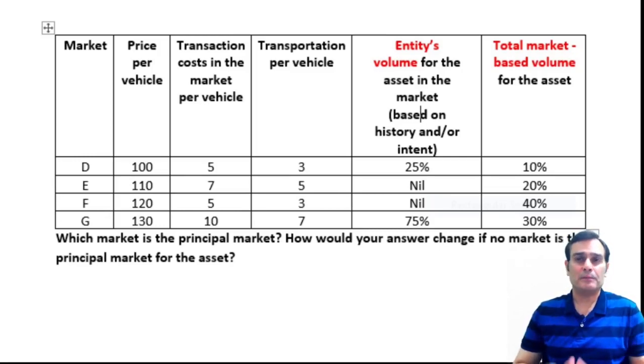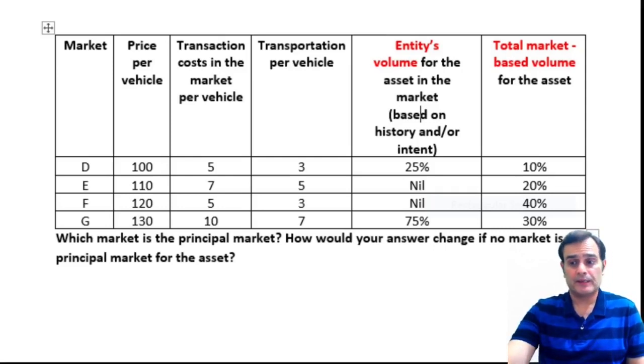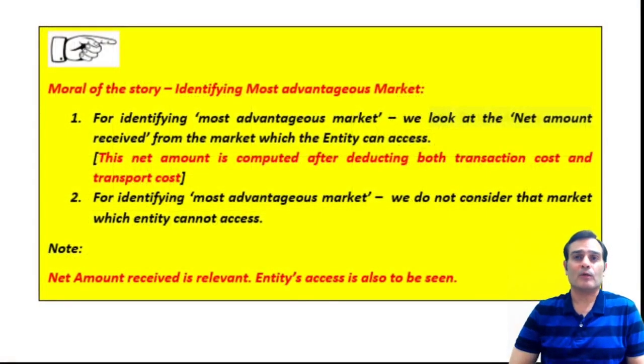So what do we need to keep in mind when we identify the most advantageous market? Let me give you the moral of the story. There are two important things to be seen. When you're identifying the most advantageous market, we need to see the net amount received from the market which an entity can access.